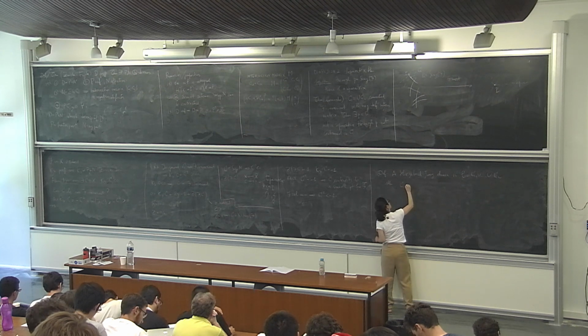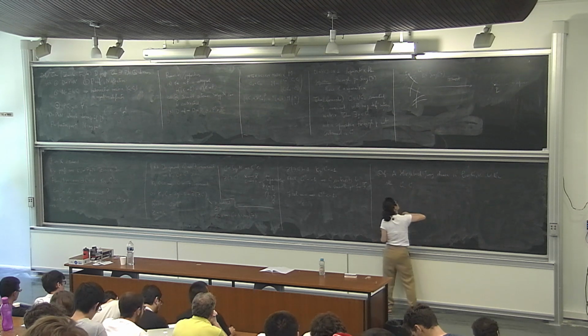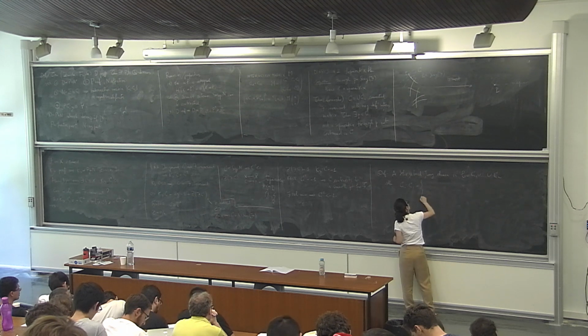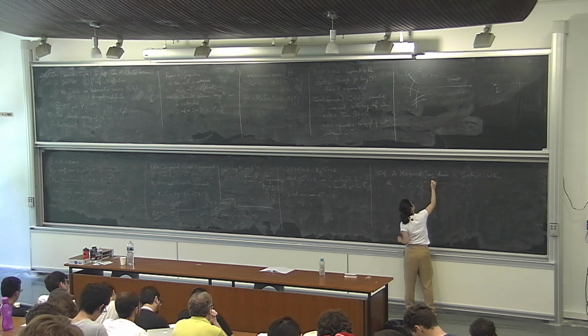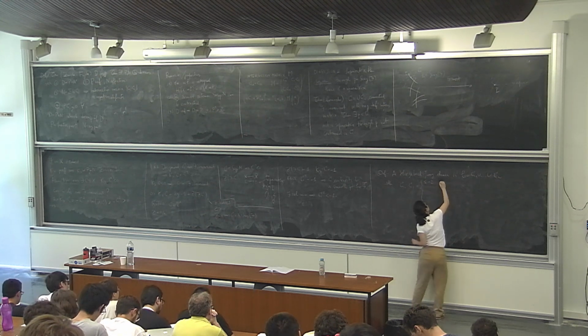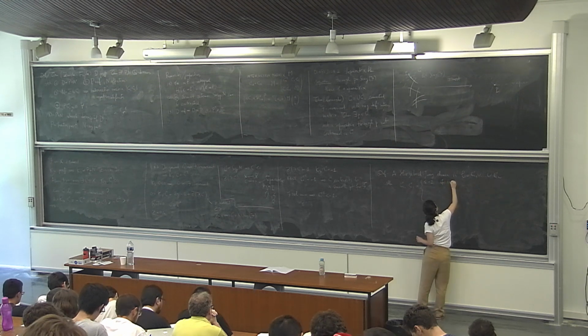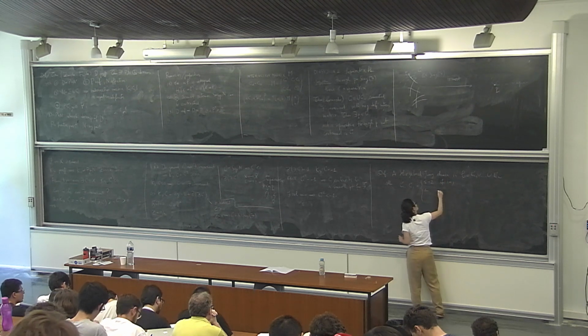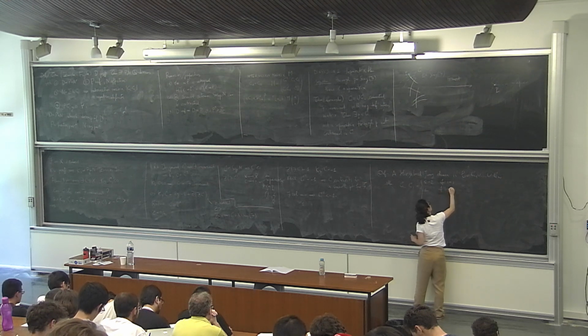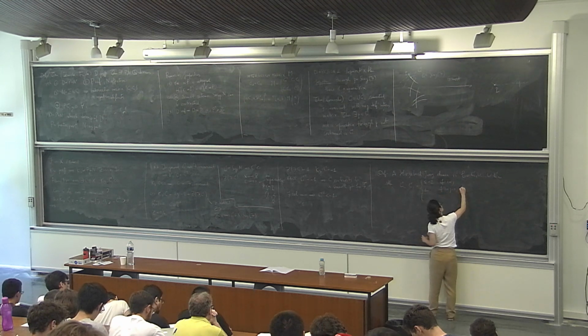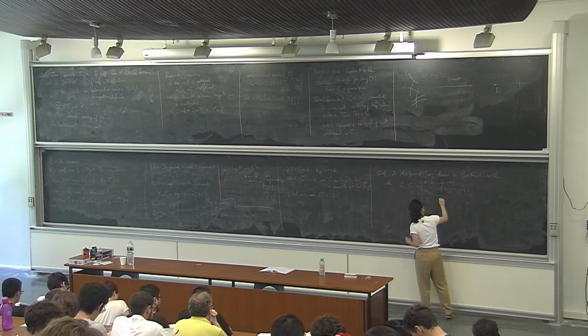When we intersect two components of C, the intersection is less or equal than -2 if i equals j, it's 1 if i is j minus 1 or j plus 1, and it's 0 otherwise.